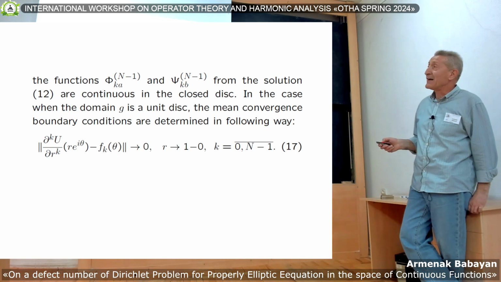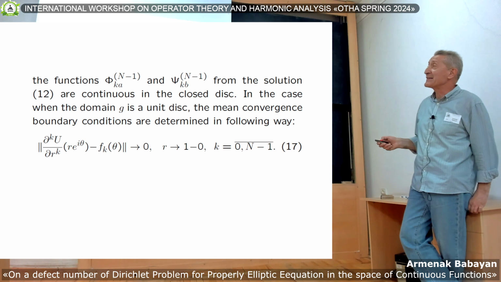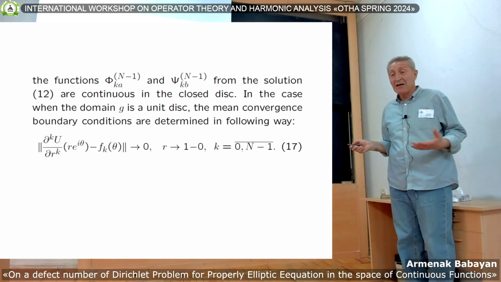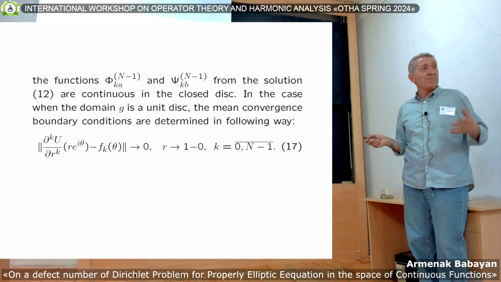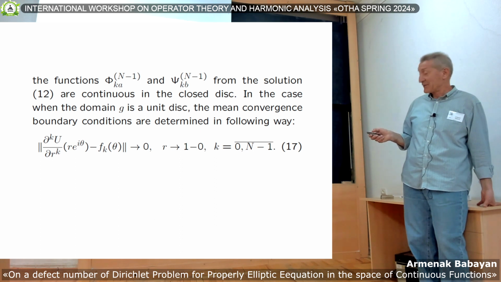So the normal derivative minus phi k, radial limits is equal to 0. And this helps him to solve this problem in many classes of boundary functions.